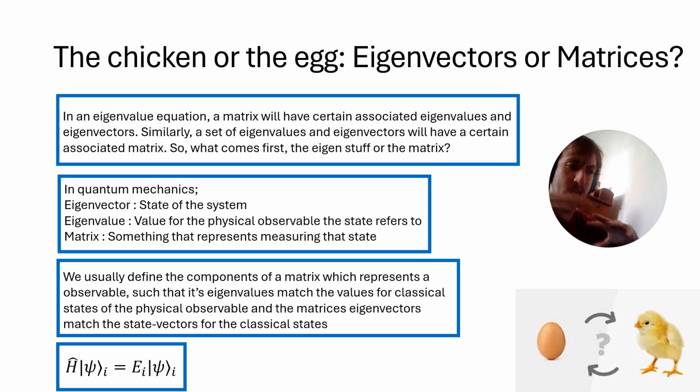Now that's fairly abstract, but it's just worth talking about in terms of what comes first. But mathematically, it's all tied together, and in terms of pure maths, really, the eigenvalues and eigenvectors and the matrices they correspond to are also entangled, but you can't really say which thing you start with.